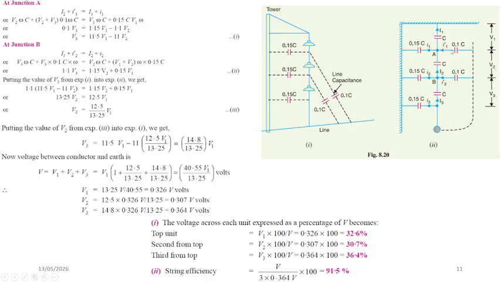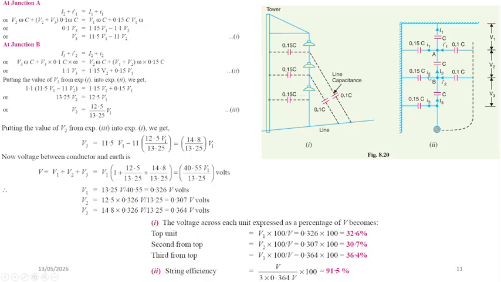So V2 plus V3 times 0.1 CW is equal to I1. I1 is C1 V1 CW plus I1. So this node and this node are connected together, and these two nodes are the same, so the voltage here is also V1. So V1 times 0.15 CW.